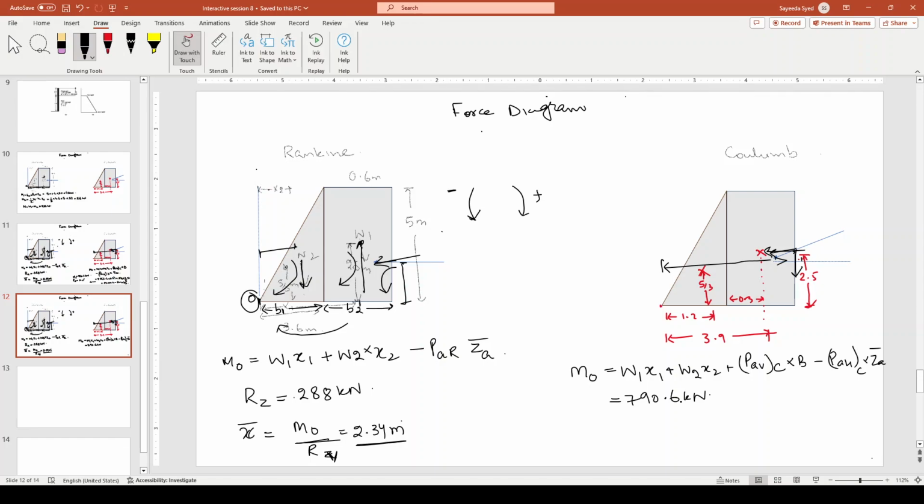Phi base, let me write. So this will be, for Rankine, tan 24 degree, and for Coulomb this will be tan 24 degree.